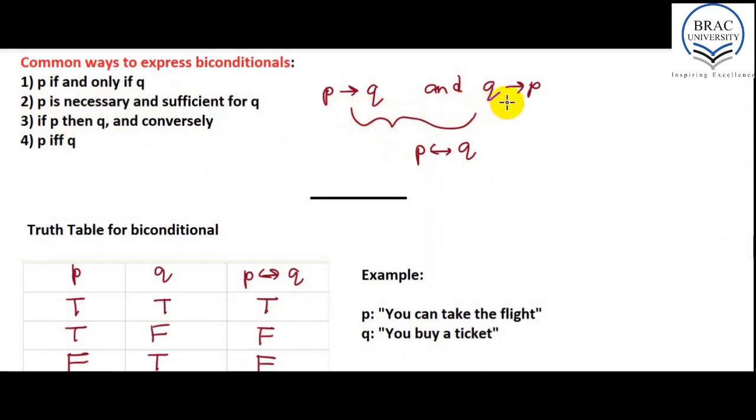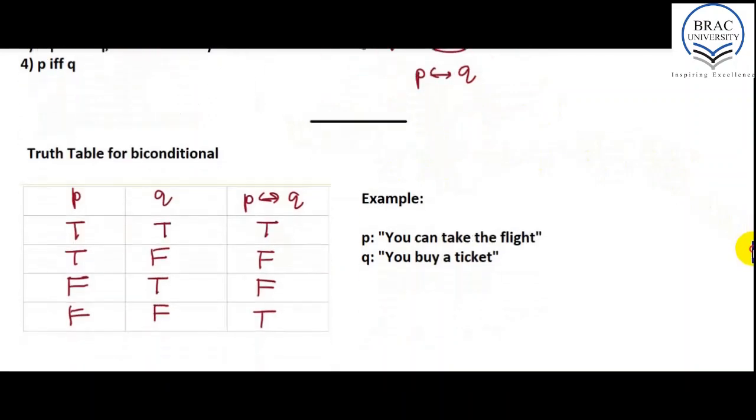So it has to be clear that both P implies Q and Q implies P have to be true to make the biconditional true. So let's move to an example and I will show you the proof later.